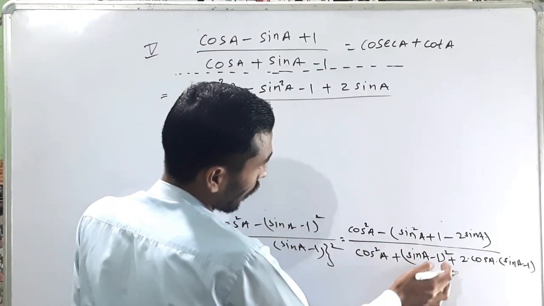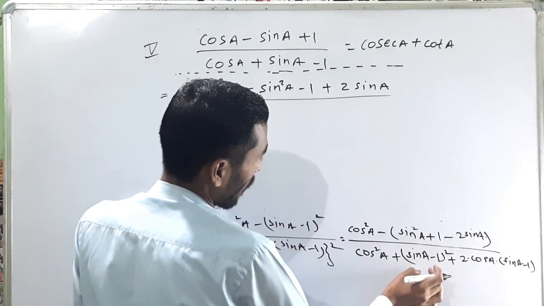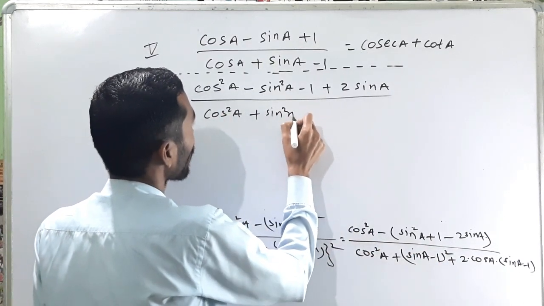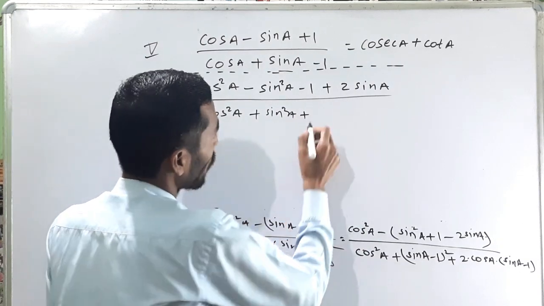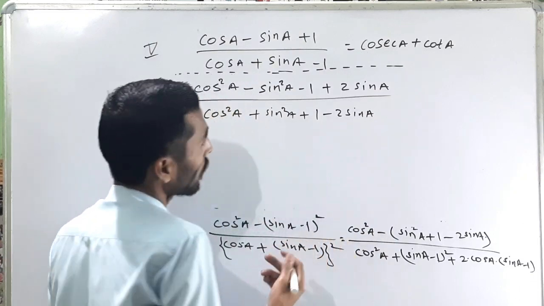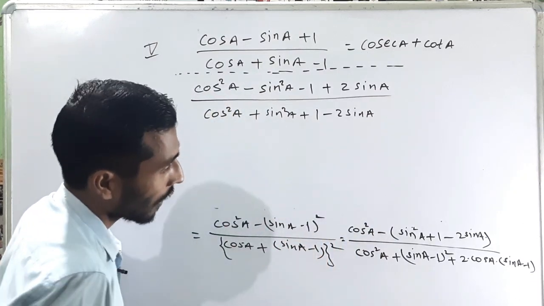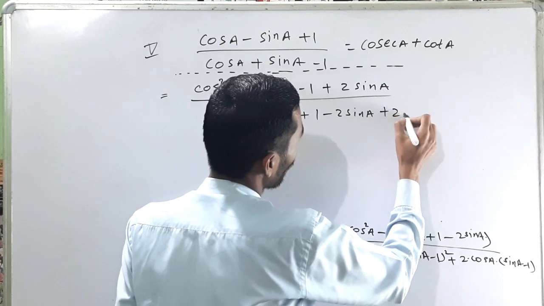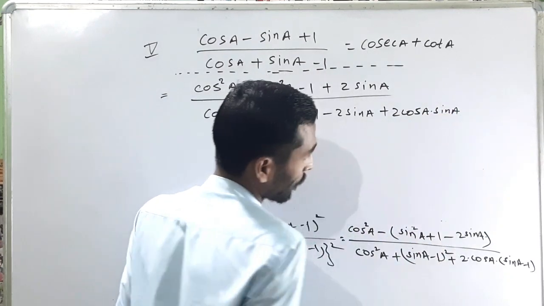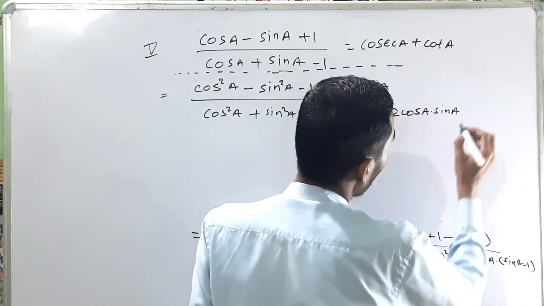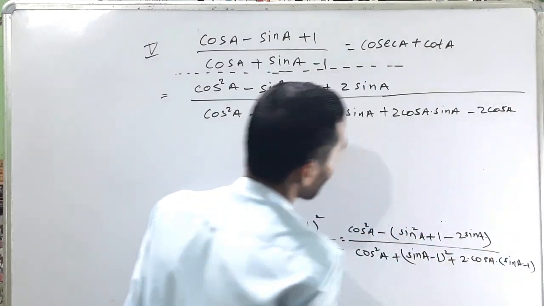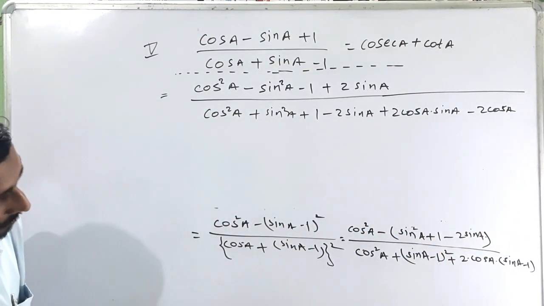We will now expand this: sin square a plus 1 minus 2 sin a into 1, that is 2 sin a, and plus 2 cos a into sin a minus 2 cos a.